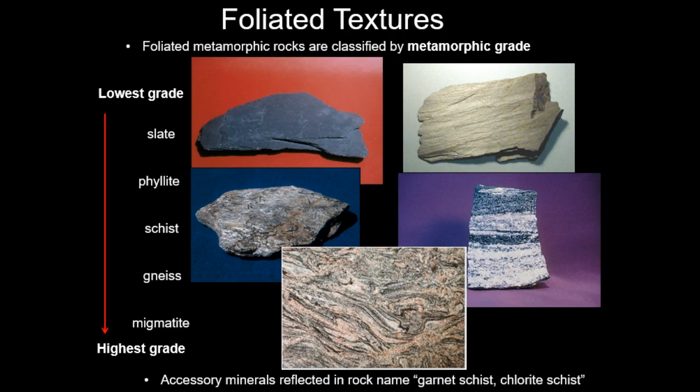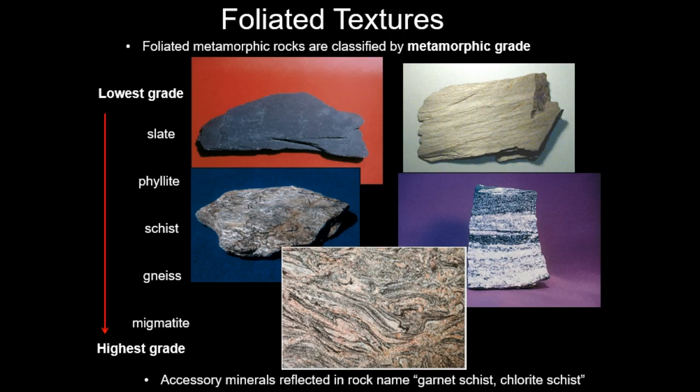So that was a little bit confusing, but for example, if a schist contains a lot of garnets, which is a pretty common thing to happen, this is going to be called a garnet schist. So the accessory mineral in this case is the garnet, but there's a high amount of them compared to most other types of rocks or even types of schists, and so it's called the garnet schist.